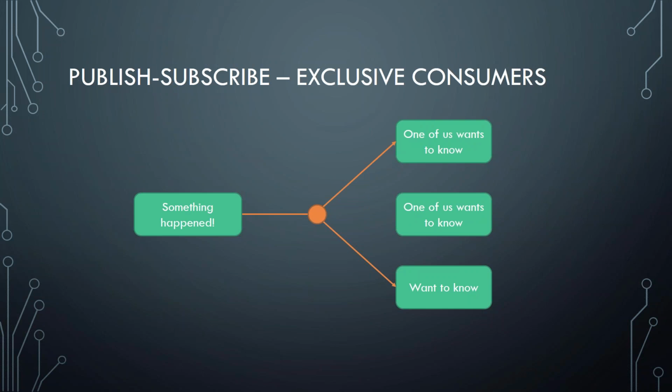In practice, you also see quite often that you have multiple components where only one of these components should be notified of an event. This is also already supported in Axon. You can have exclusive consumers. So you have something that happened, and there are two components where one of them wants to know it, and there's a third component that wants to know everything. Now you could route the event to one of the want-to-know components, forget about the other, and send all the messages as well to the third one, the bottom one.